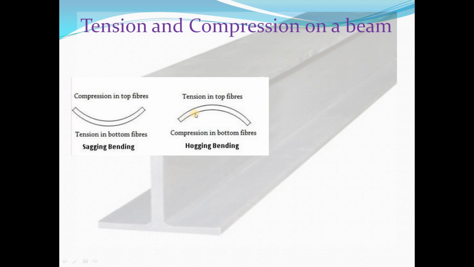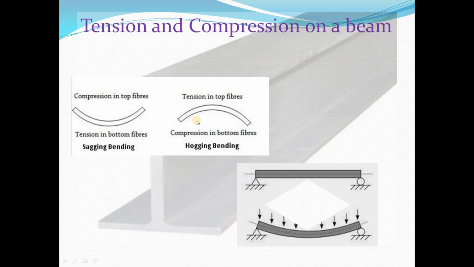When a simply supported beam is subjected to upward force, it bends like this, and it's called hogging. The top fibers are in tension in this case, and the bottom fibers are in compression. Usually in structures, the beam is subjected to downward force, not upward force. These arrows are indicating force.